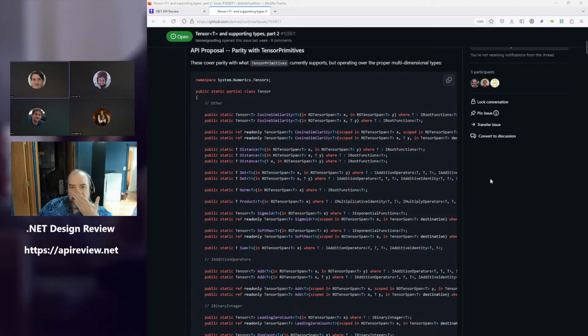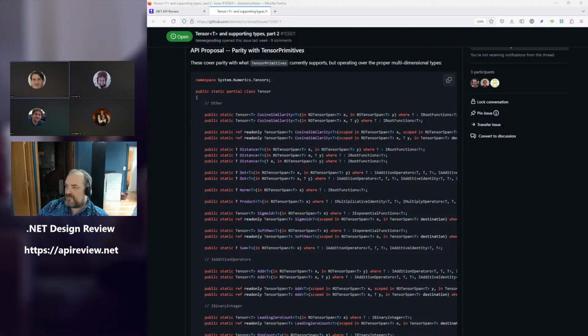So now that we've figured out the convention here, the rest of these should be pretty straightforward to get through. Like I said, for this first list, we're mirroring what's in tensor primitives, but operating over tensor span. We've got overloads for the ones that return a tensor, and overloads that take the destination buffer.